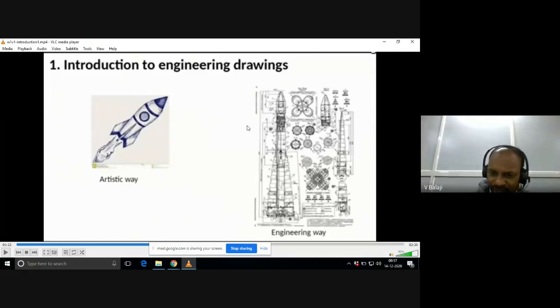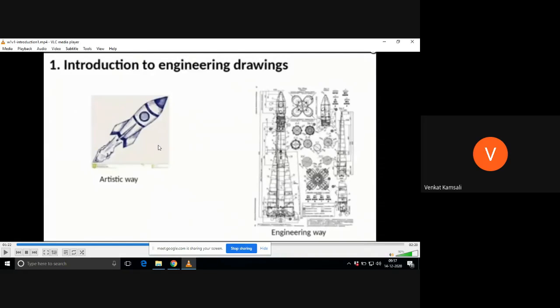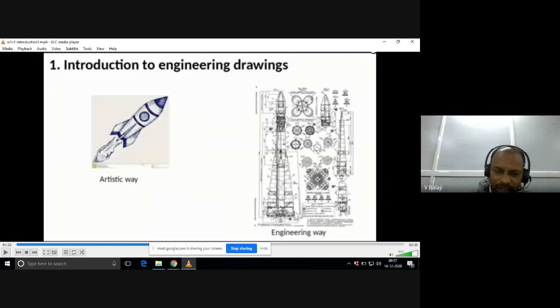What is the name of this item I am showing? Rocket. Yes, the outline shape of the rocket looks very good, right? But it contains thousands of parts inside it.